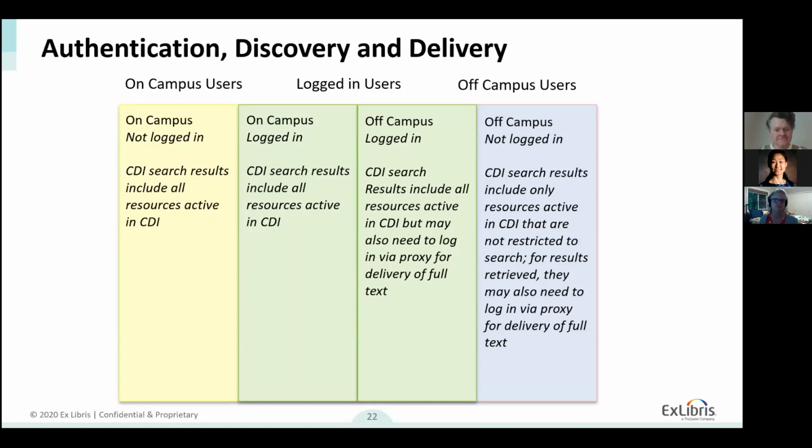Now getting into the CDI part, if you are on campus and not logged in, or on campus and logged in, the CDI search results include all active resources. If you're off campus but logged in, you're going to get all the resources, but depending on proxy settings, may have to log into that to get access to the results.